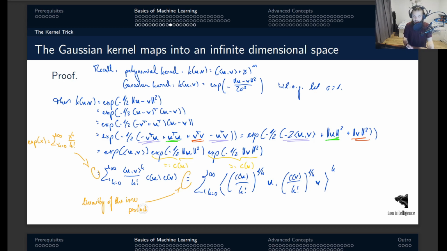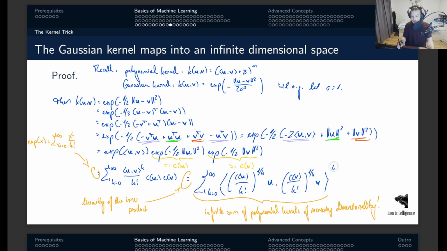And since the inner product is linear, we can push these terms cu and cv into the inner product, as well as the k factorial term. It also goes into the inner product. And we are left with this infinite sum starting from k equals 0 of the inner product of this weighted u vector and this weighted v vector to the power of k.